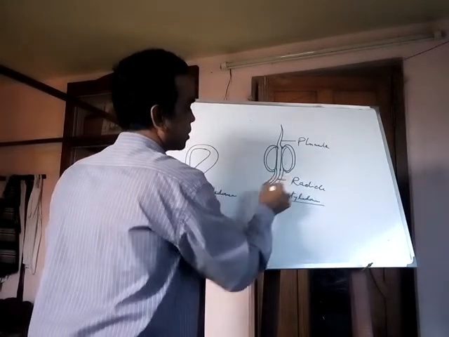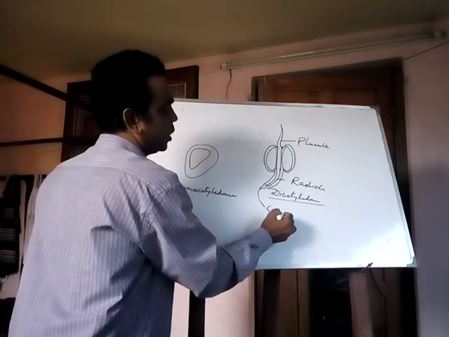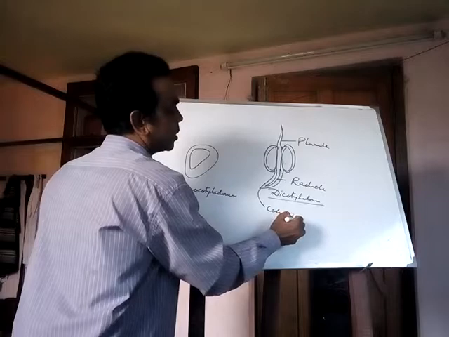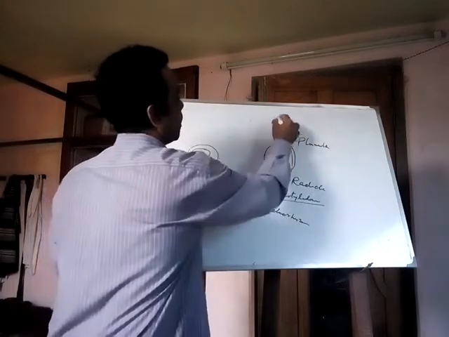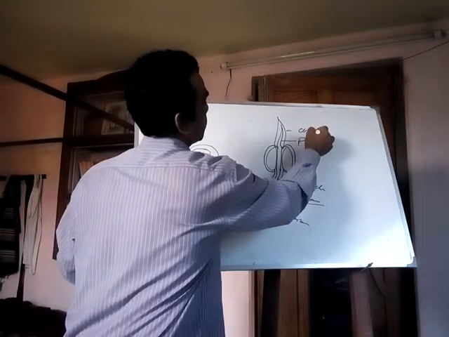The covering layer of the radicle is called coleorhiza, and the covering layer of the plumule is called coleoptile.